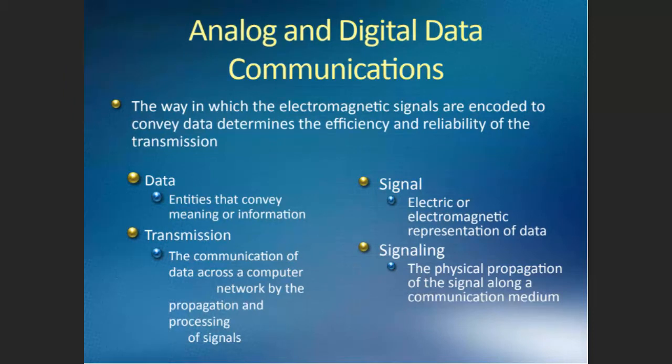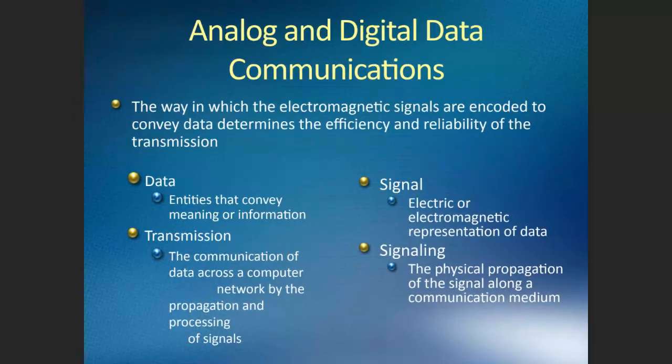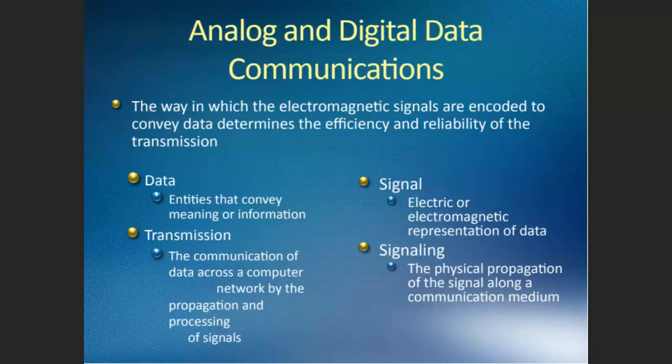Signal is electric or electromagnetic representation of data. You represent your data by an electromagnetic signal. So the signal is going high if it is 1, or low if it is 0, and then changing the values.